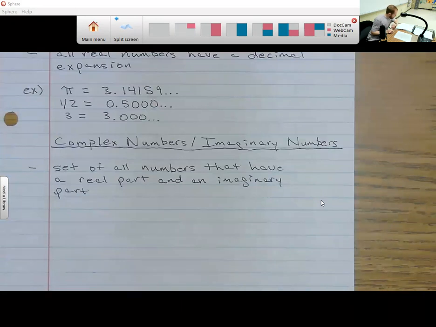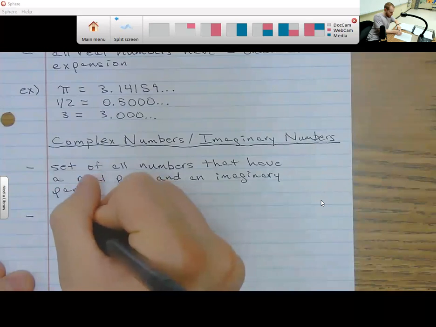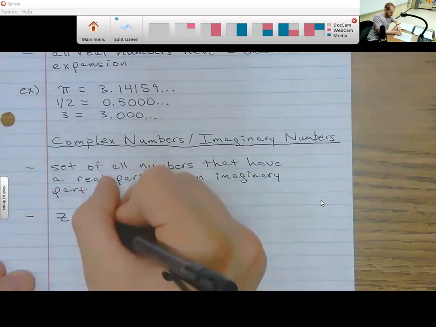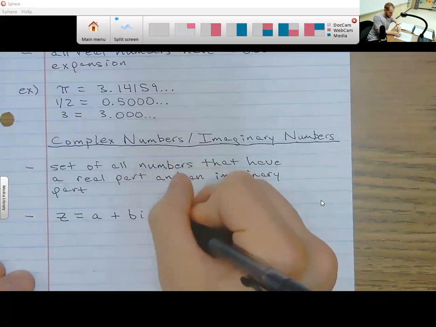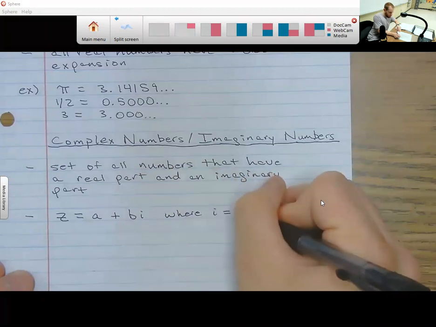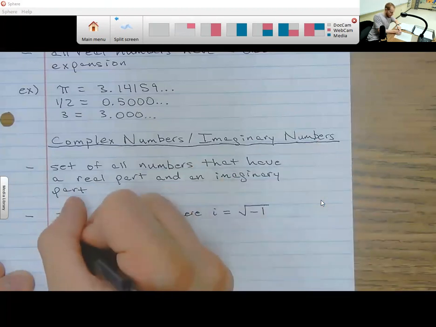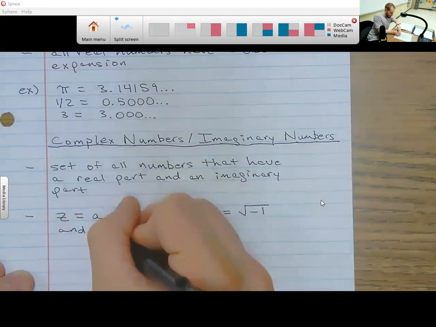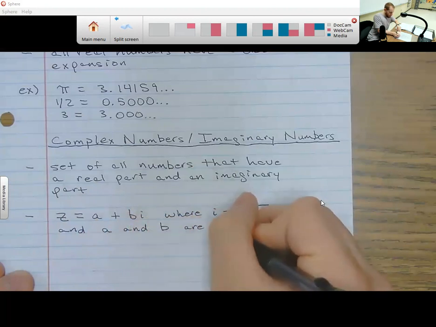So let's look at an example of a complex number. Every single complex number can be written in the form z equals a plus bi, where i is equal to the square root of -1. And a and b are real numbers.